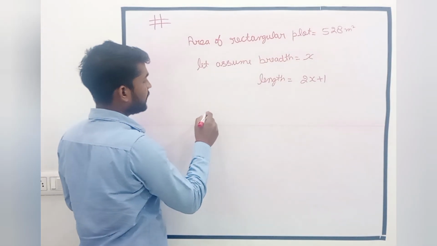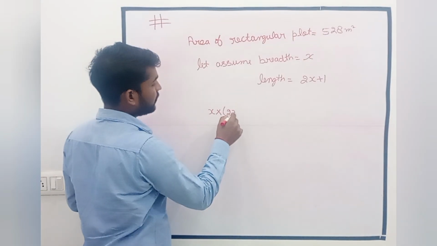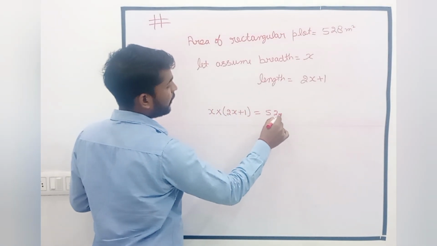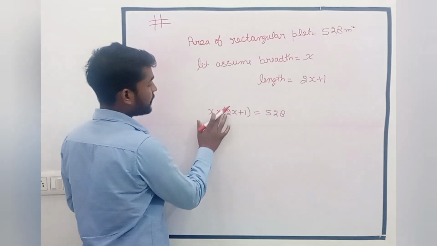And we can say the length and the breadth product of these will become 528, and we will form the quadratic equation.